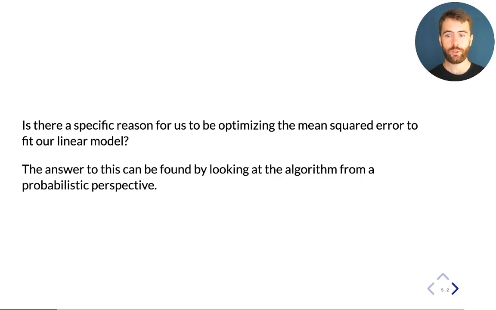We can also come up with many other objectives besides the ones that we saw earlier. Really any sort of objective which encourages the targets and the predictions of the model to be similar can be used for supervised learning. So why is it that we started with the mean squared error objective in the first place?